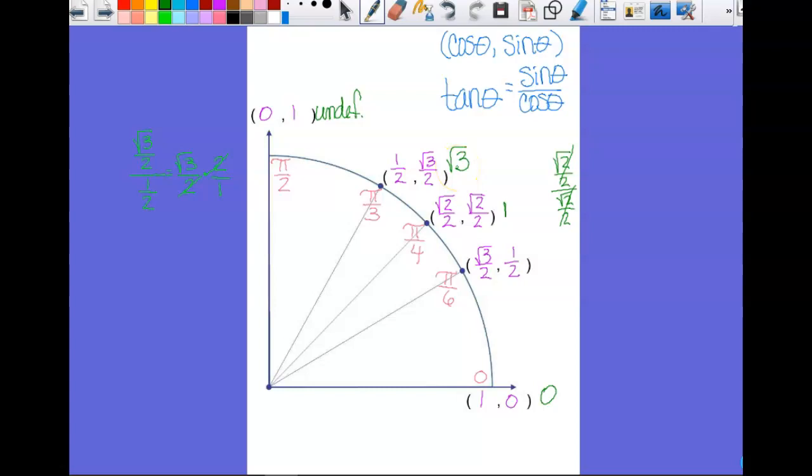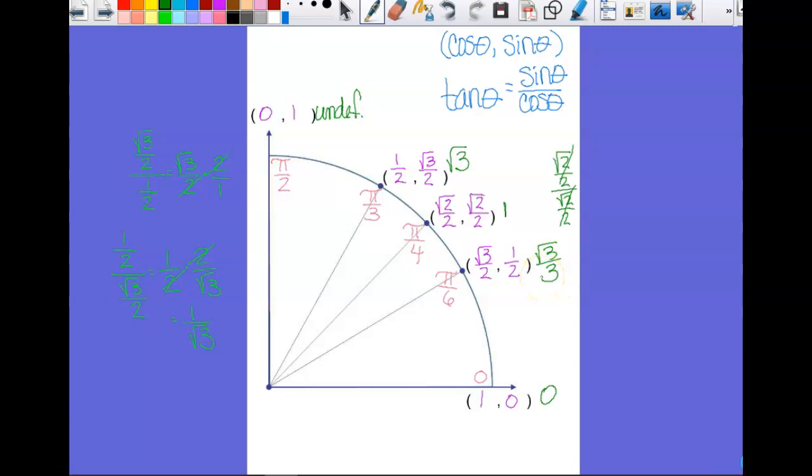Okay, so then for pi sixths, that would be 1/2 over the square root of 3 over 2. So when I keep change flip, I get 1/2 times 2 over the square root of 3, which gives me 1 over the square root of 3. And when I rationalize, what's that? Very good, square root of 3 over 3.